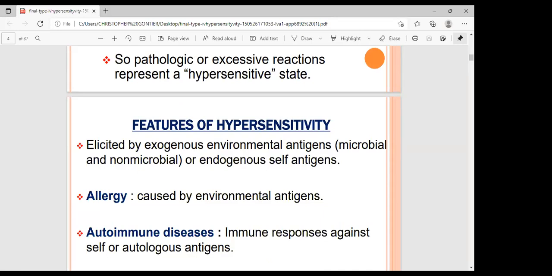Type 1, where we have an allergy caused by environmental antigens, whereas autoimmune diseases are where we have immune responses against self, actually extremes of a whole panorama of disease processes. Suffices to say, our actual goal is to avoid allergy and autoimmune diseases at all costs.